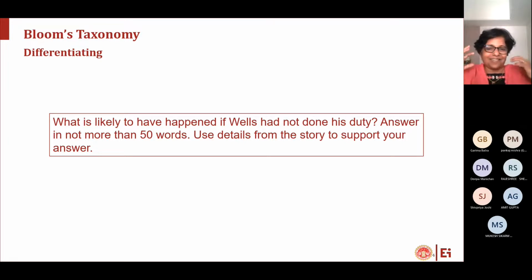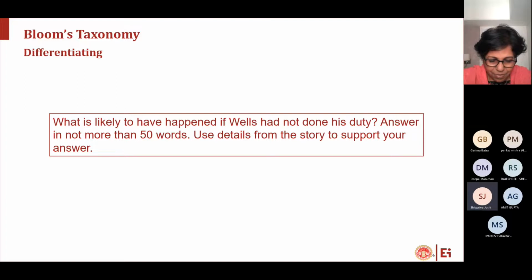So it is still okay. Let me get Joshi sir to say why it is at a granular level. Joshi sir. Yes, thank you, ma'am. Actually, what I thought is that whatever has been asked in this question is not going to affect the whole plot we had studied in the story.